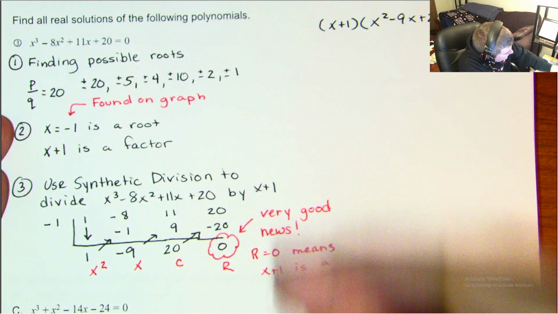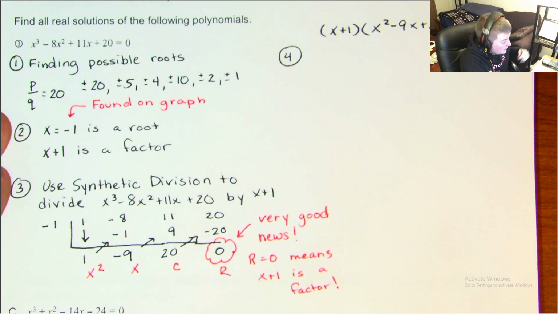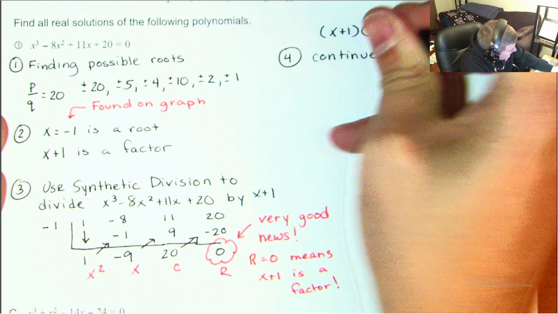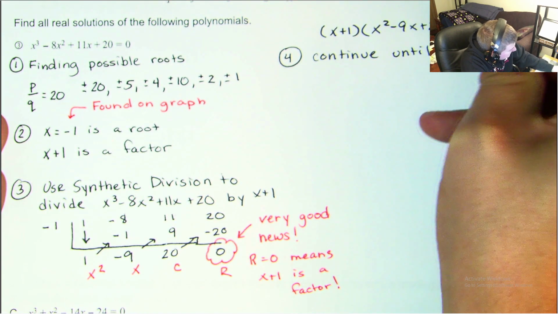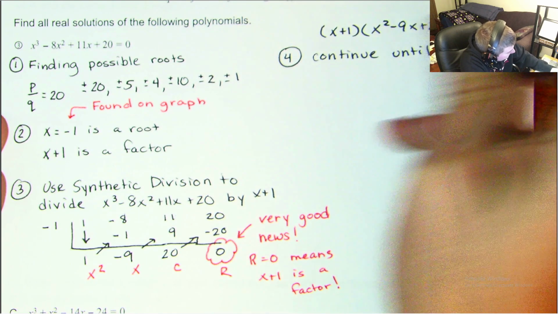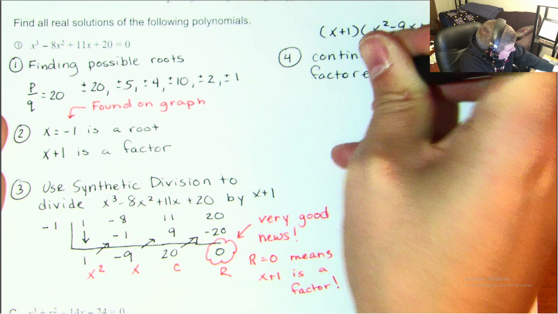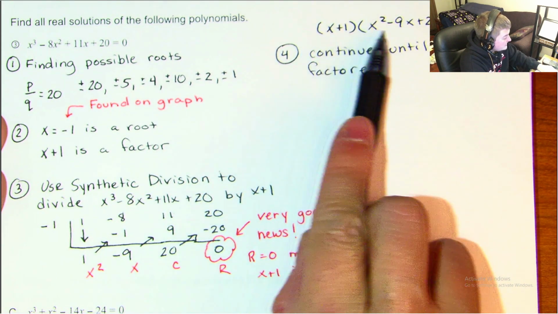Okay, that means we have a fourth step now, and that means continue until completely factored. All right, so that means this is already factored, but this can be factored further.